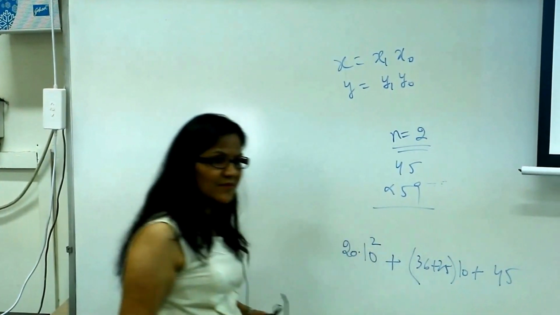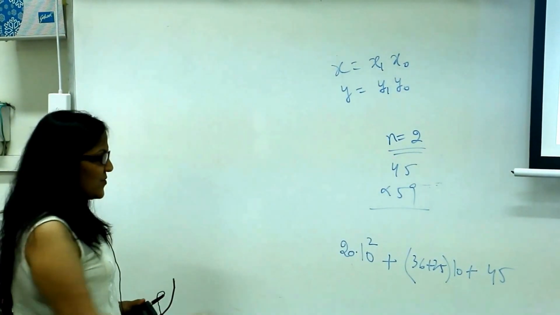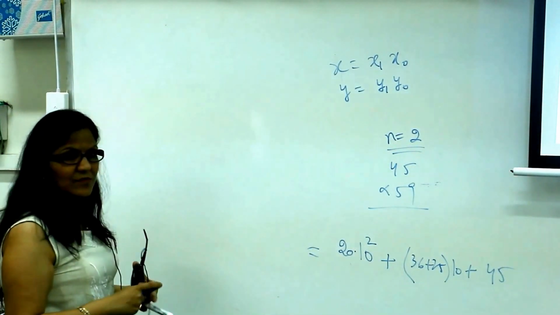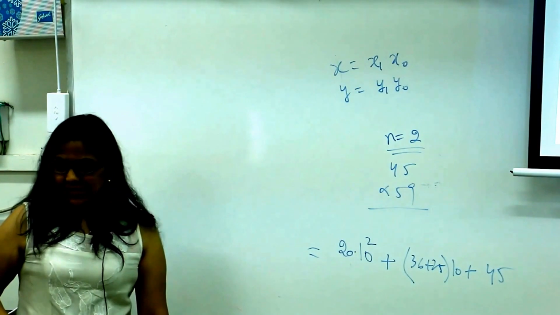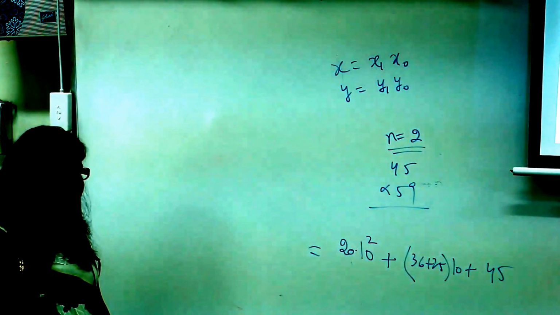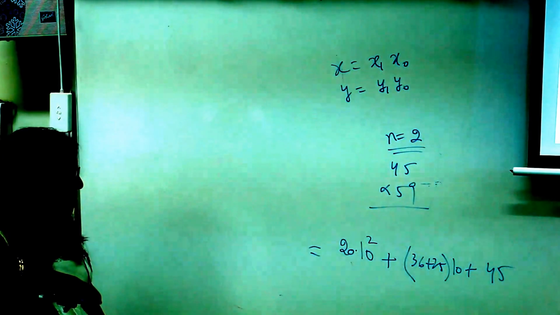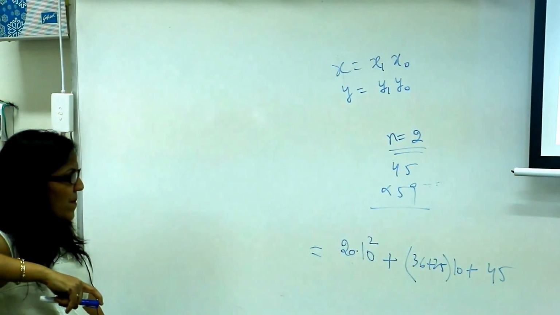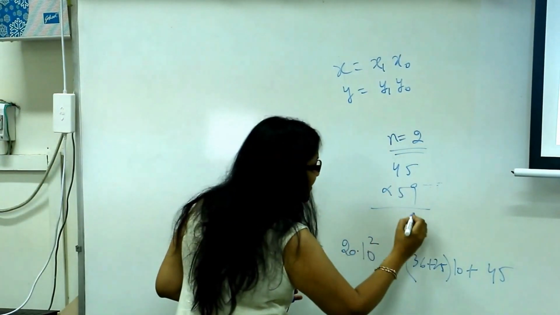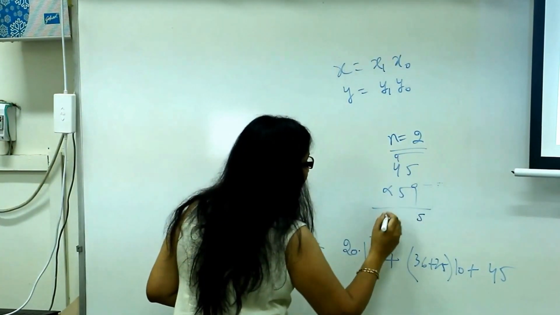Just verify this. Verify whether this multiplication is this or not. This is a 2-digit multiplication, you can verify quickly. Nine fives are 45, 5, 36.